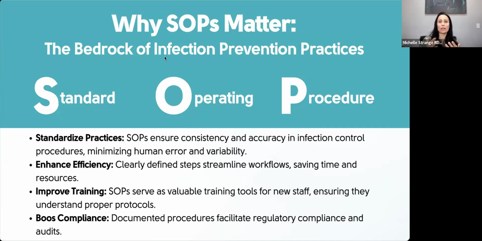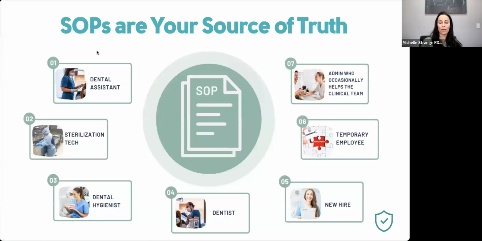And I've seen firsthand how well-written, clear SOPs have helped reduce mistakes and keep everyone on the same page. And I've worked in most practices that have literally none. But I think they're so important, and I call them your source of truth.